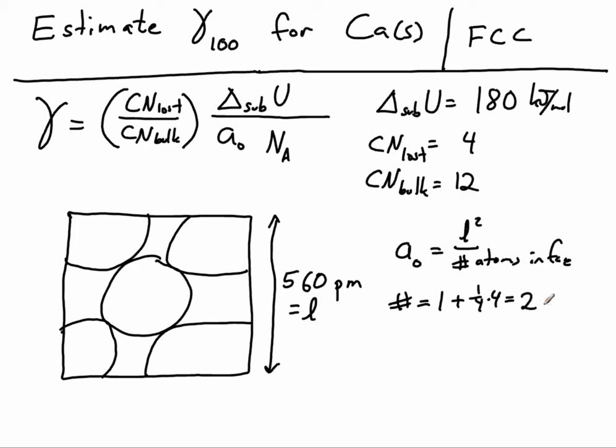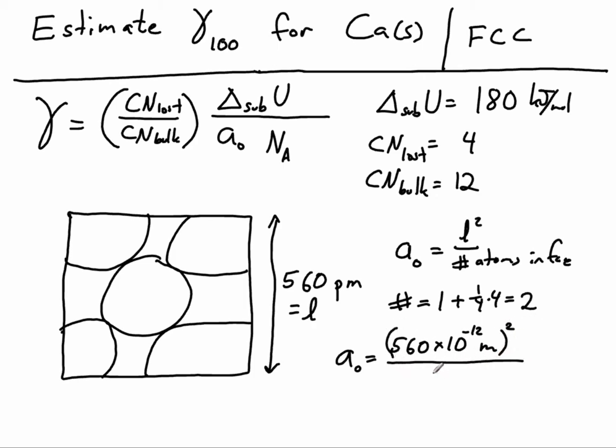So with that, we can now figure out what is the size of one of these faces. So A naught is going to be 560 picometers squared. So 560 times 10 to the negative 12 meters squared.